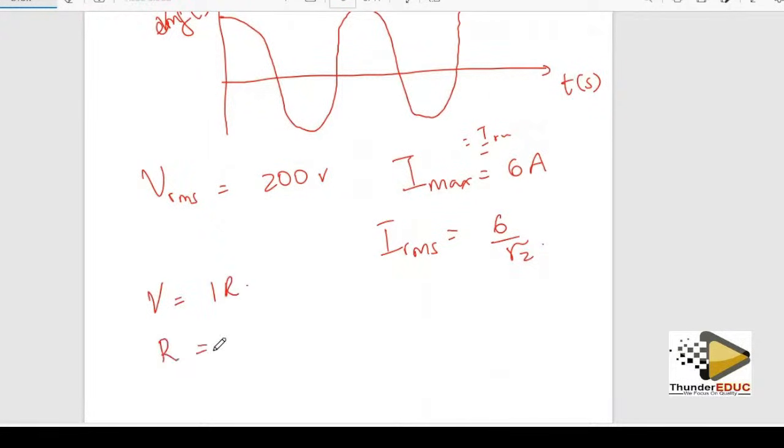Since I'm looking for resistance, it's the voltage over the current, so it's V RMS over I RMS. So 200 divided by 6 over root 2. When I punch this into my calculator, I'm getting 47.14 ohms.